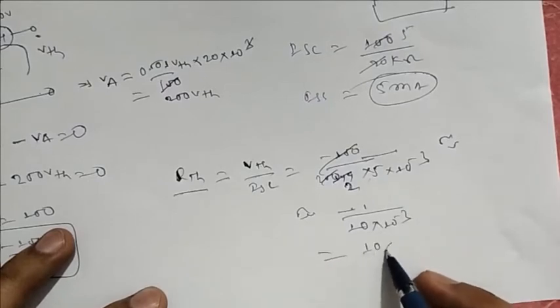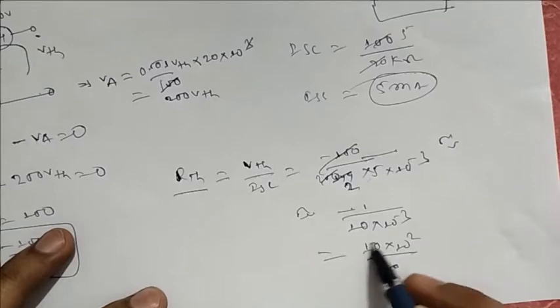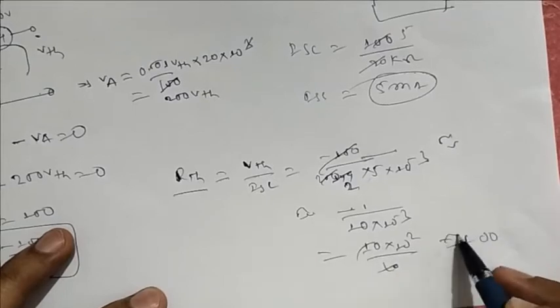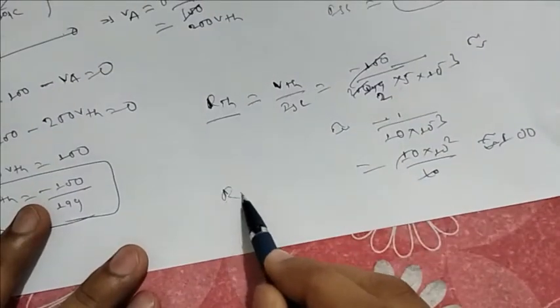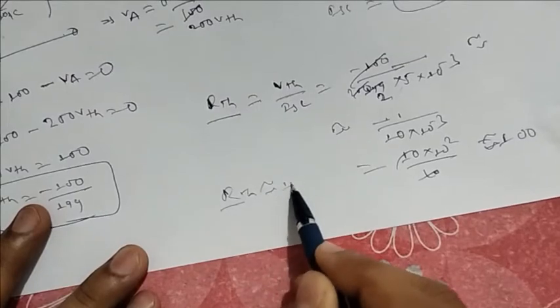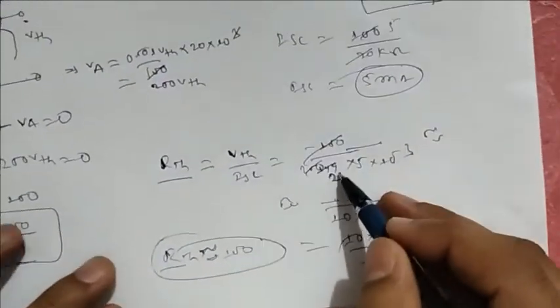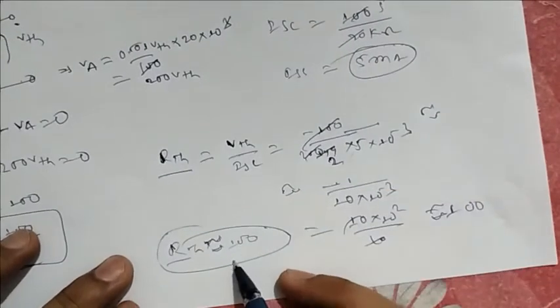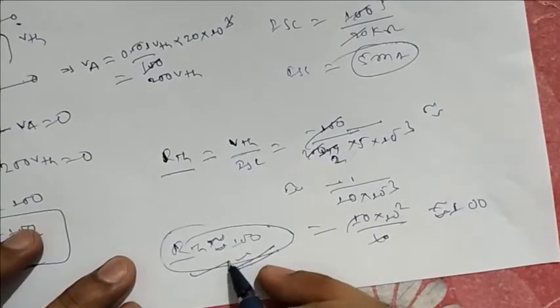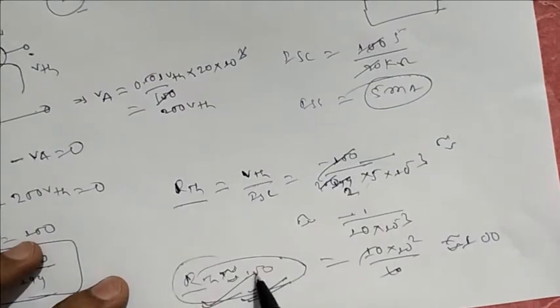Now around 100 we are going to get the RTH, around 100. We have not done the exact calculation, we have just given the equivalent because we have not used a calculator. So this is the equivalent resistance across RTH.